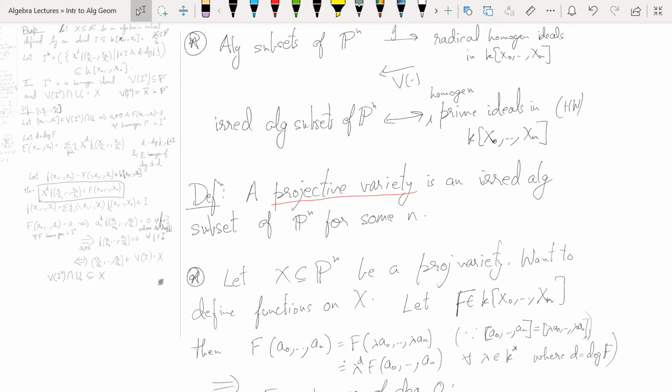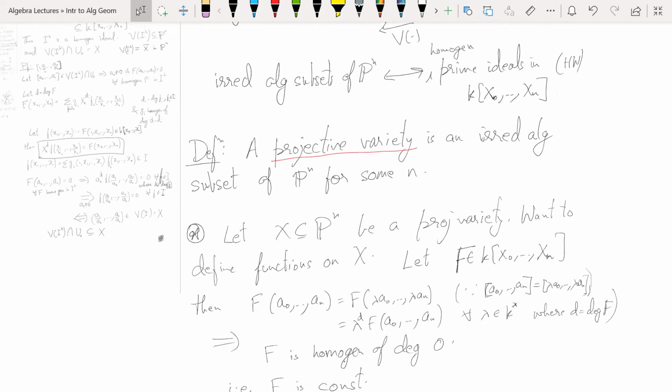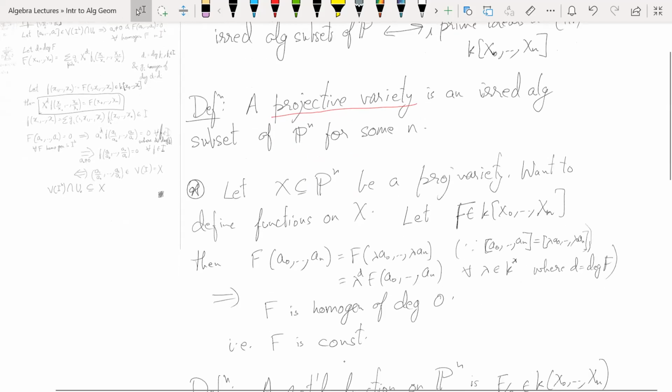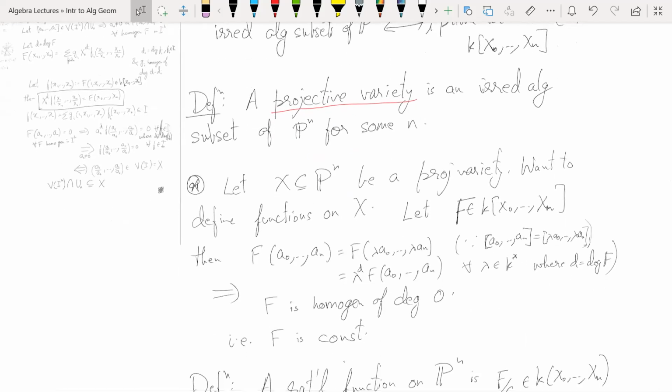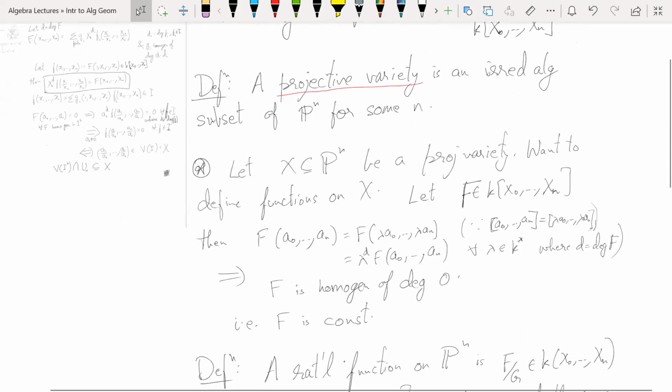But the coordinate ring is going to be isomorphic no matter which; there will be a ring isomorphism. But here it will matter. If you embed it in P2, you'll get some homogeneous coordinate ring. If you embed it in P3, you'll get a different homogeneous coordinate ring, and they may not be isomorphic as rings. But the projective variety may be the same. That is something you should keep in mind.